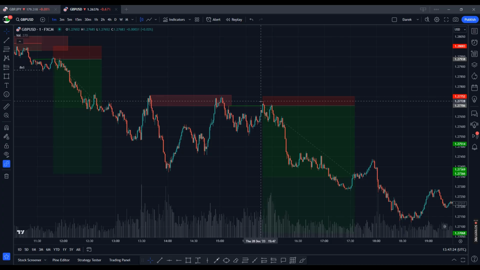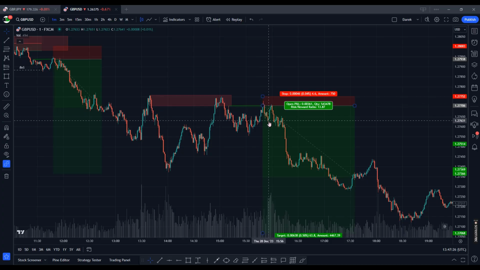This rejection after our break of structure also gives us another confirmation to enter at this candle with a much smaller stop loss.